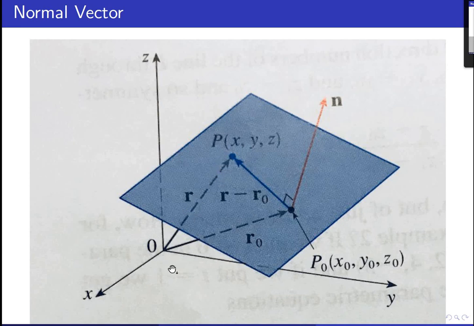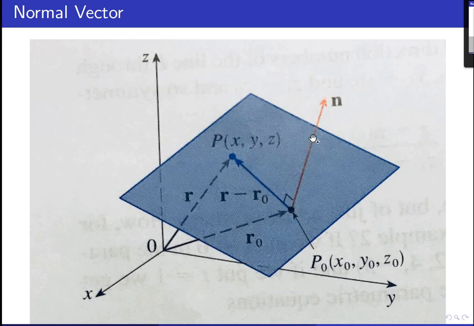And then we have our vectors from the origin, r and r naught, right? And then r minus r naught is this line here. So when we say r minus r naught, we are still on the plane, right?